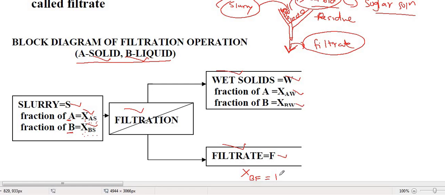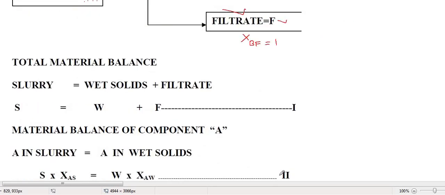Okay. Now based upon this block diagram, we are going to write down the material balance equations for this filtration operation. I will write down the equations and I will explain them. So first equation is called the total material balance equation.